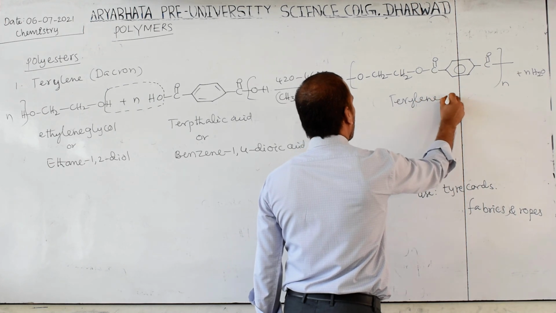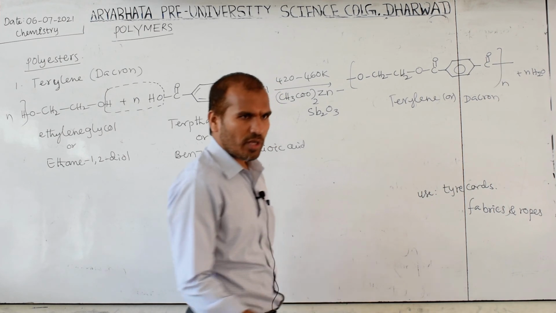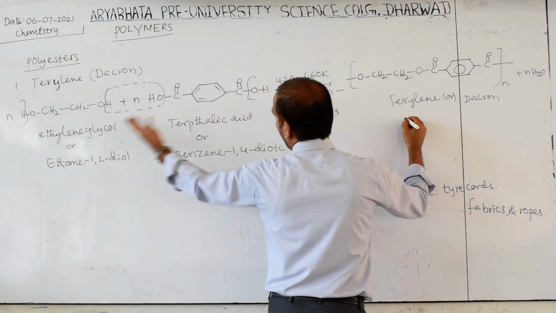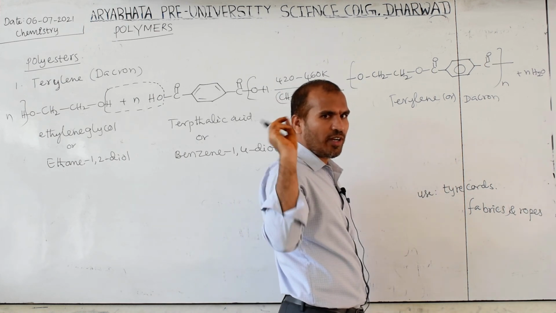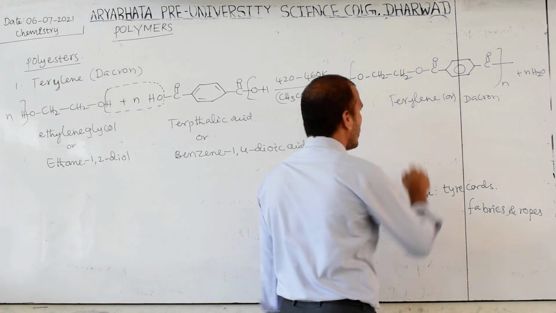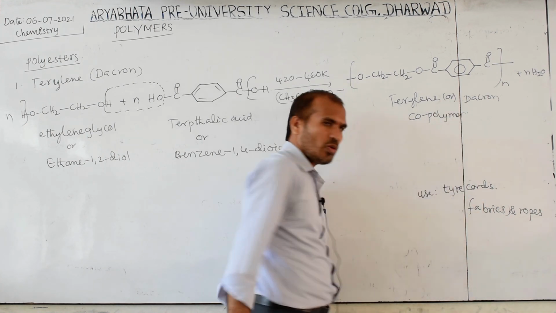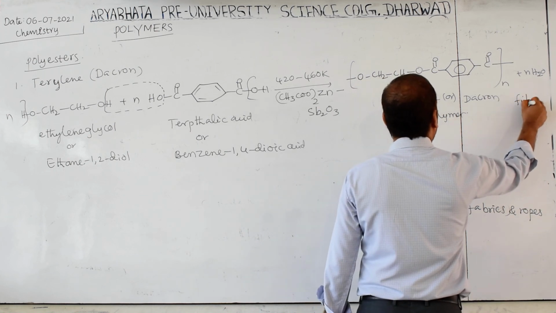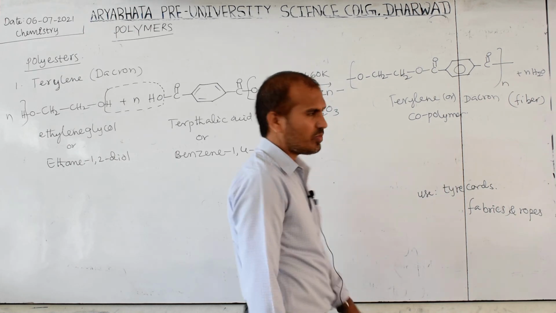Terylene, or another name Dacron. Is this a homopolymer or copolymer? Not homo. Different monomers are there, which means copolymer. Same monomer means homopolymer. So this is a copolymer, and this is a fiber. Yes or no? Esters and amides are fibers.